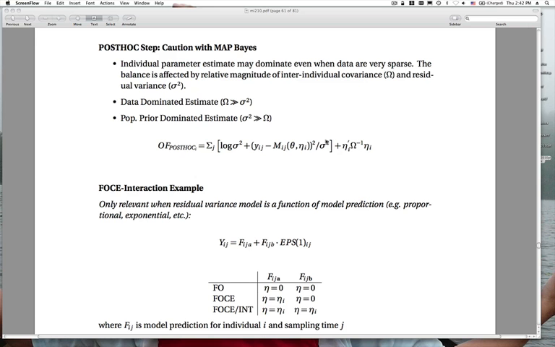So sigma squared becomes large here. Then the individual etas really won't be driven so much by the data. They'll be driven more by how far they differ from the population mean, or how far the individual eta might be from 0. And in that case, then they're constrained closer to the population expected value of 0. That's so-called eta shrinkage.